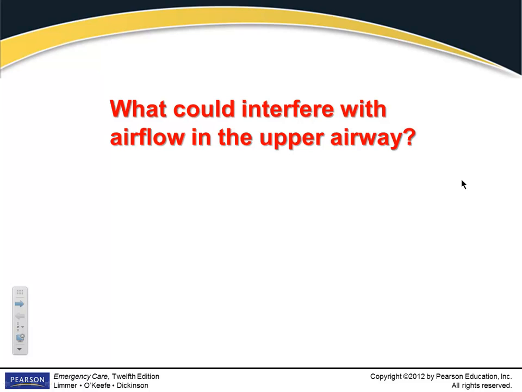Okay, what can interfere with airflow in the upper airway? Yeah, if you got a traumatic injury here where it damaged it, crushed it, or say a knife through there, that can interfere with your upper airway.